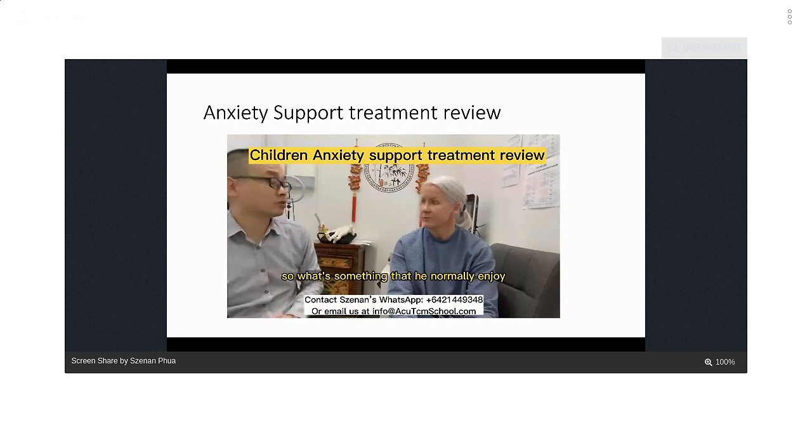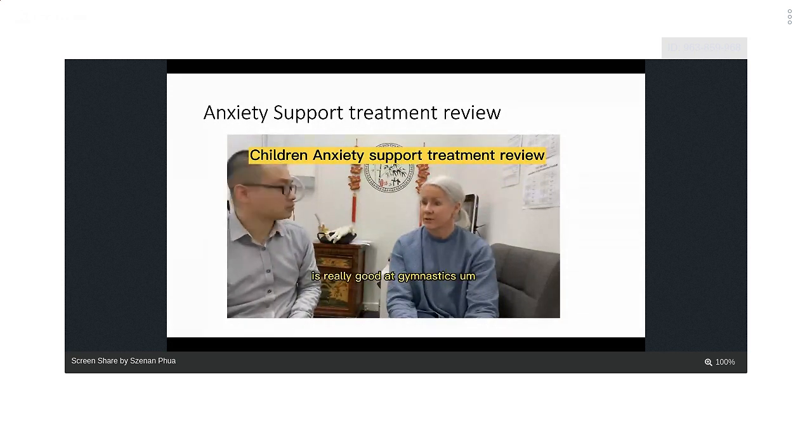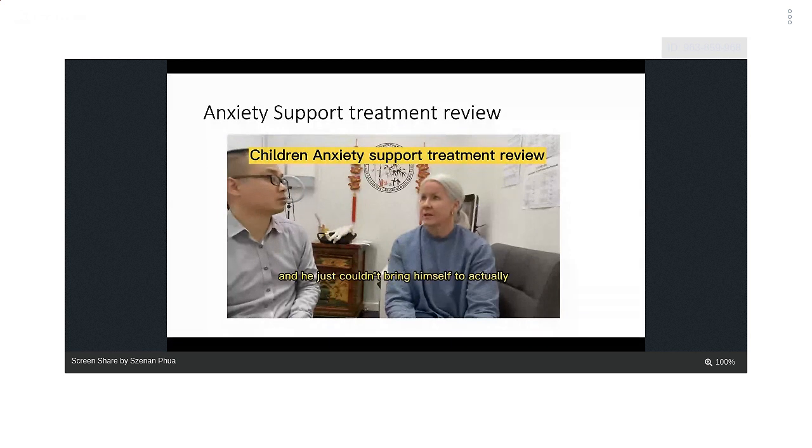What sort of thing did he normally enjoy and then couldn't do because of the anxiety? He loves gymnastics and was really good at gymnastics. But we got to the point where going to training was becoming really hard. We'd get inside the building, or sometimes we would, and he just couldn't bring himself to actually go in.